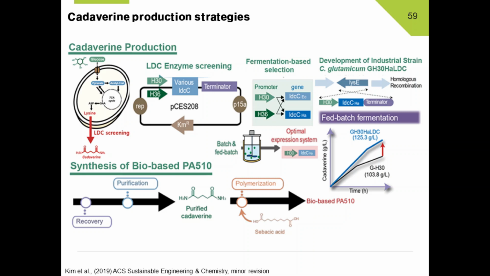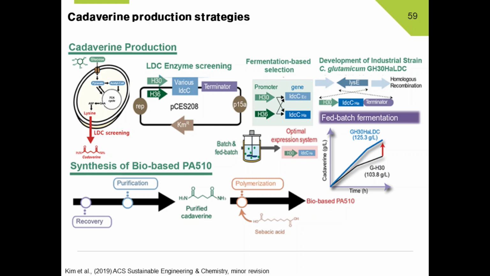Now, in a follow-up paper, we decided to test different LDCs so we would improve the yield of cadaverine from glucose. We found out that the H30 promoter is still the best promoter for cadaverine production.